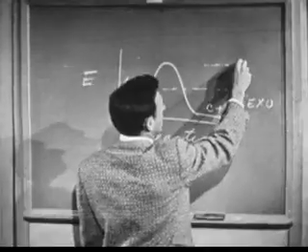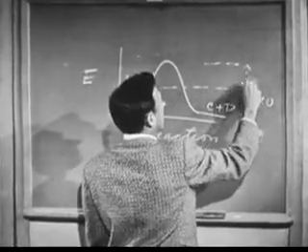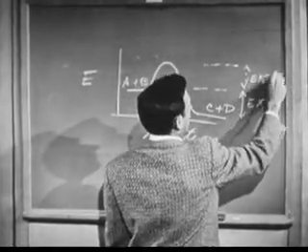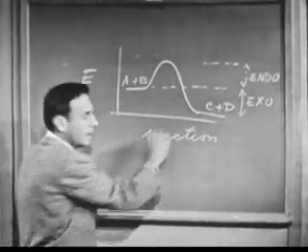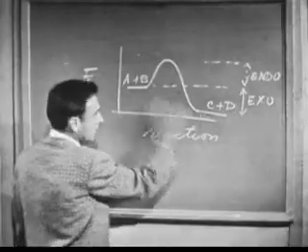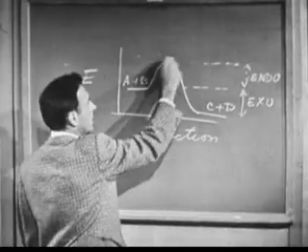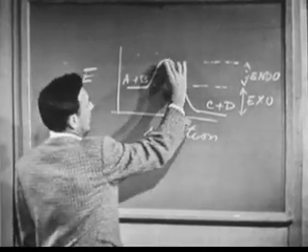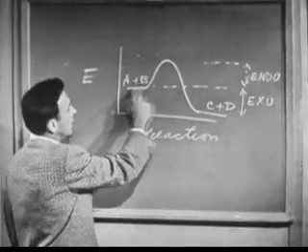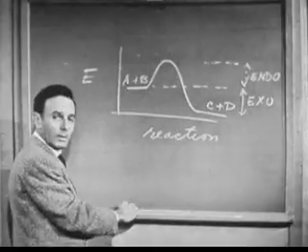If the final products had been up here, then it would have been an endothermic reaction. But in either event, there can be an energy barrier between the two, whether it's exothermic or endothermic, and this energy barrier controls the rate of the reaction. The temperature determines how fast A and B are able to go over the barrier.